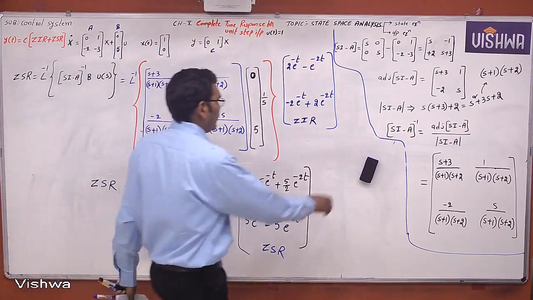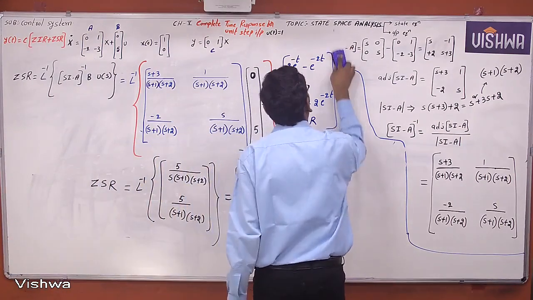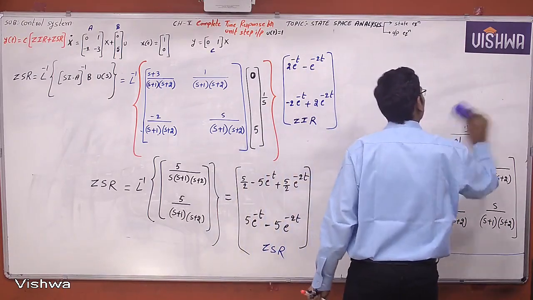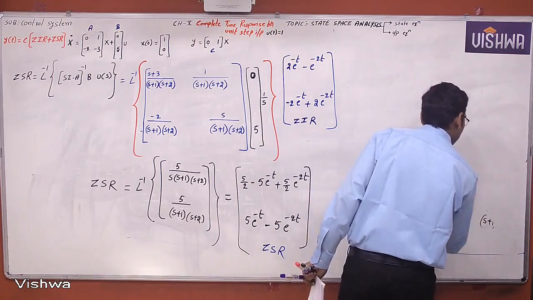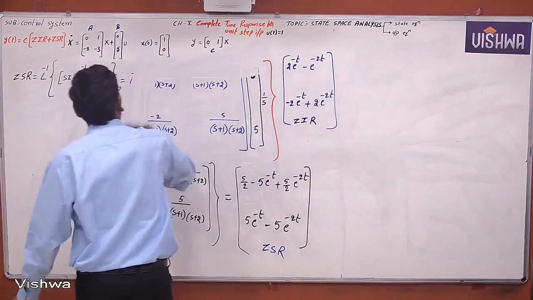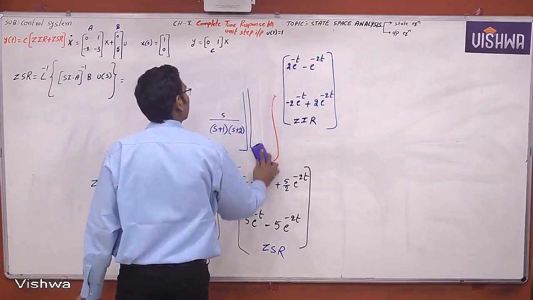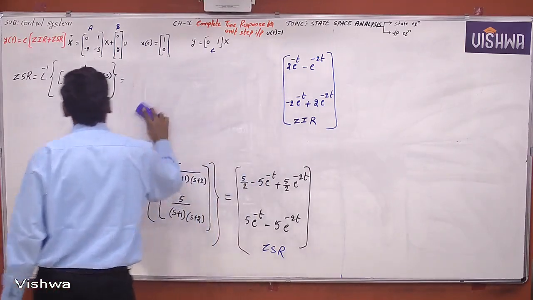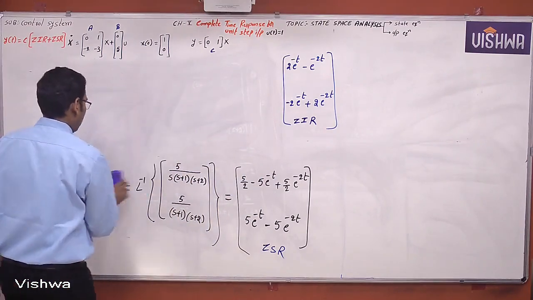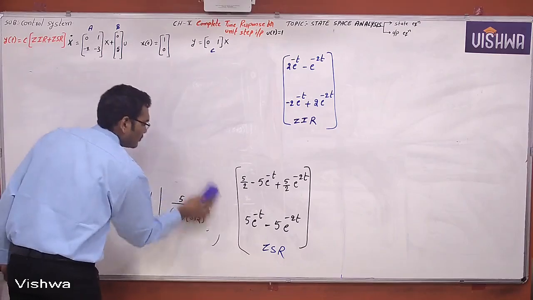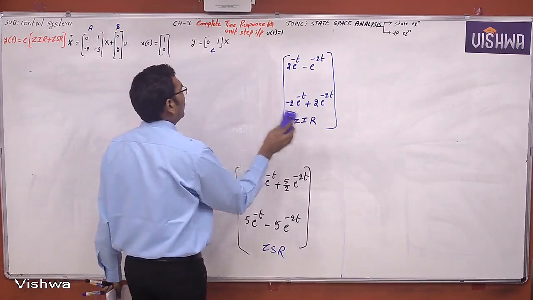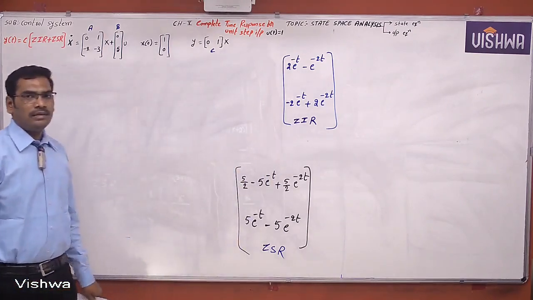Okay, now you just see here. This is the zero input response and this is the zero state response.